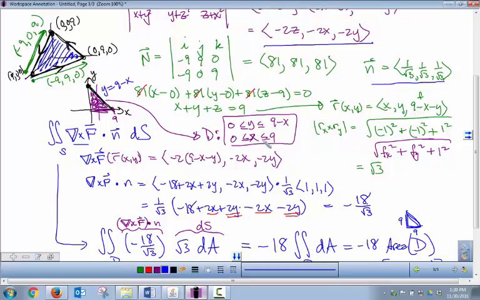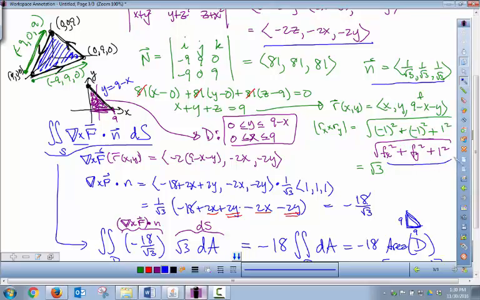So once we found a normal vector, we thought, well, that's good. We can use this form of the flux integral, and we'll dot it with the normal. And now we have to go back and find our dS. Remember that we're integrating over surface area. And so this formula is going to come in really handy for us.